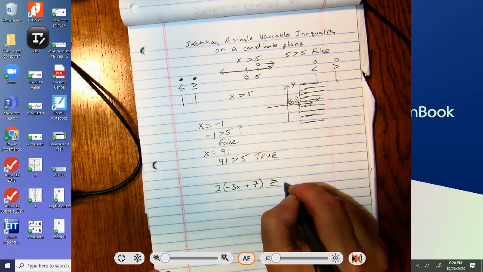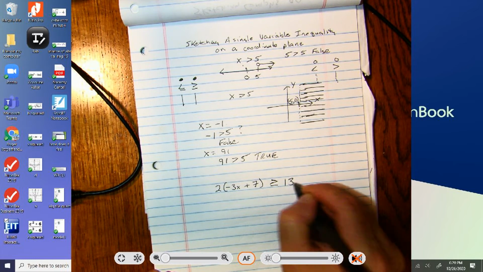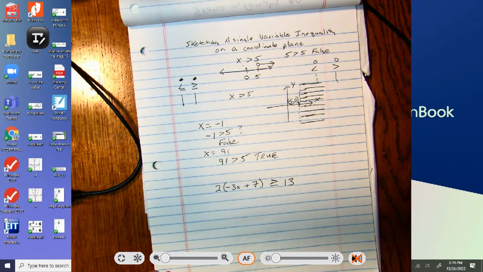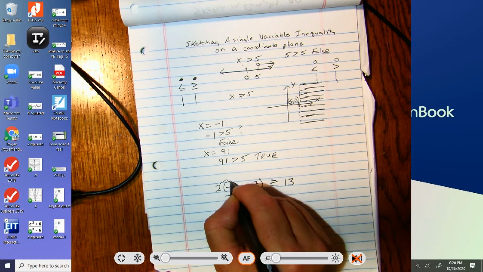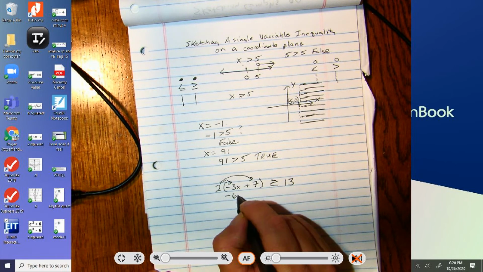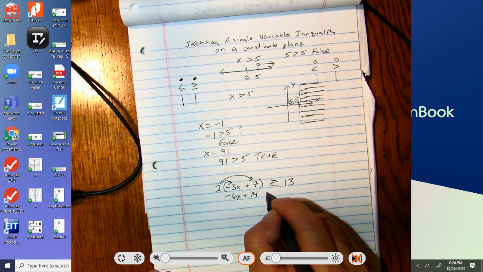Okay, let's do 13. Lucky number 13. And so I will go negative 6x, my distributive property, plus 14 less than or equal to 13.